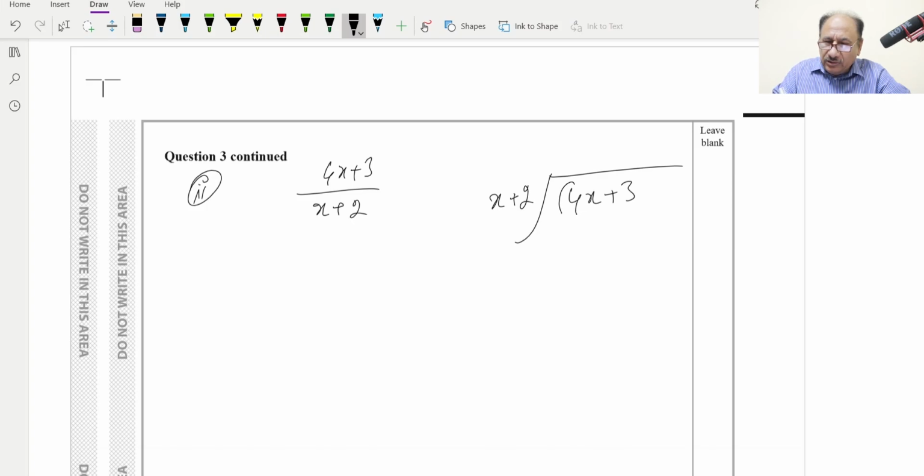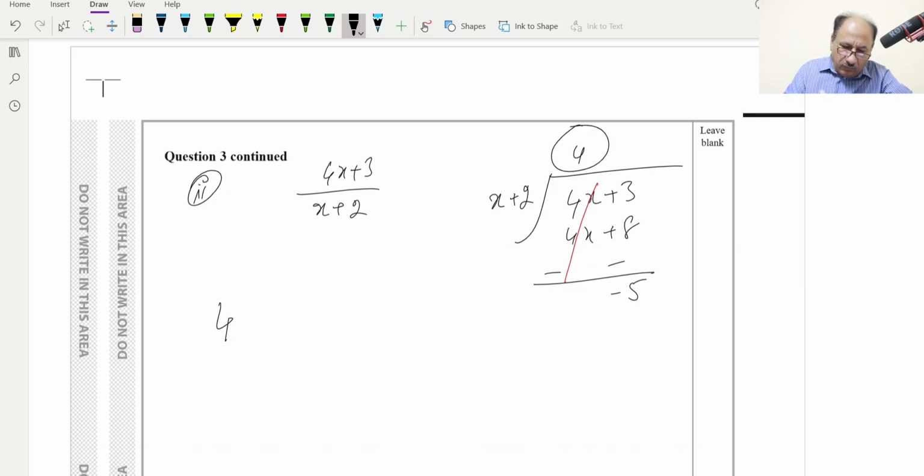We will check, this will be 4. So we multiply this one with 4, so it will be 4x plus 8, and minus minus will change sign. After that this will be cancelled, and 3 minus 8 will be minus 5, and our equation will become 4 plus the remainder, minus 5 over the divisor, x plus 2.